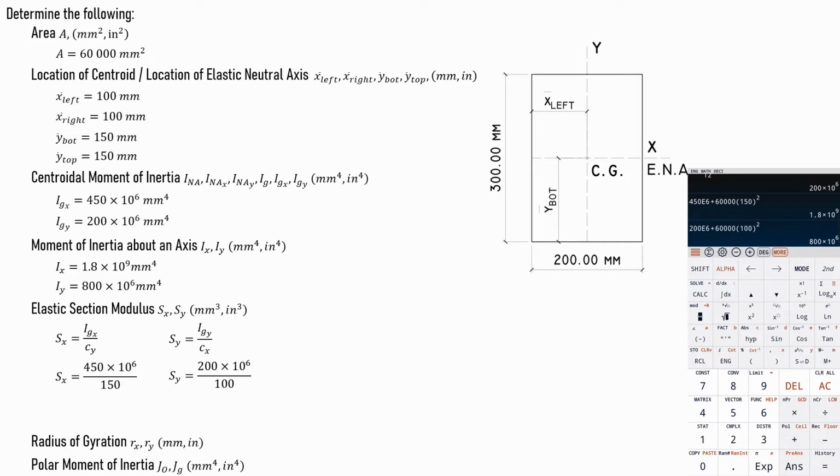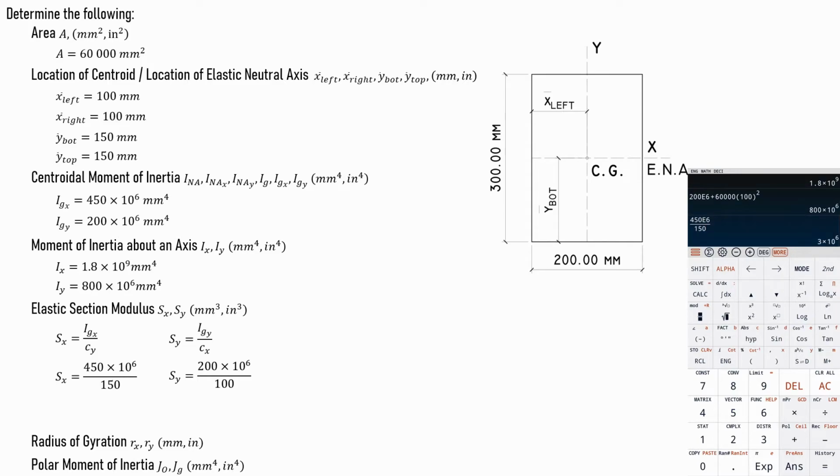Tapos para dun sa S sub y, 200 times 10 raised to 6, yun yung IGY over 100. Pwedeng x bar left, x bar right, tulad lang. So solve natin. 450 times 10 raised to 6 over 150, so dalawa na. Tapos 200 times 10 raised to 6 over 100.